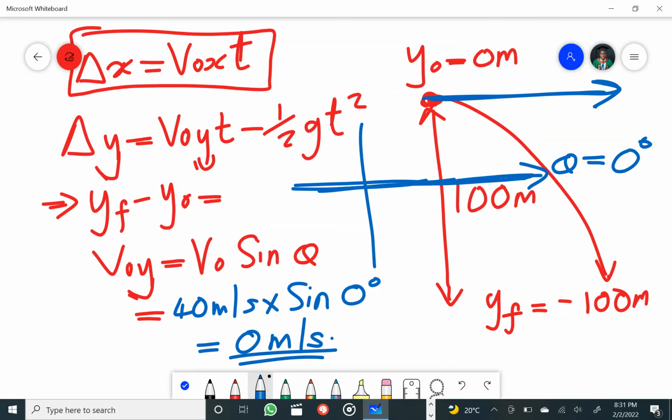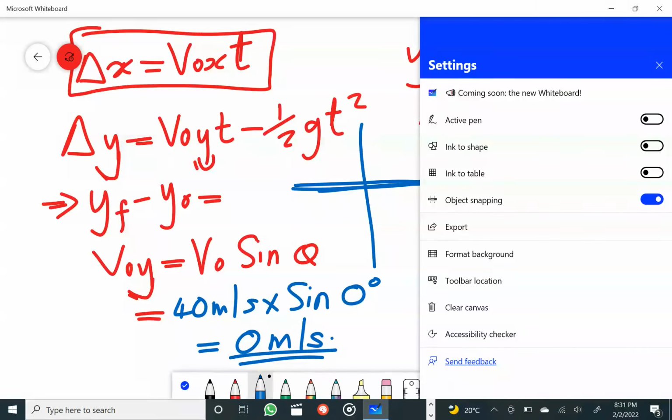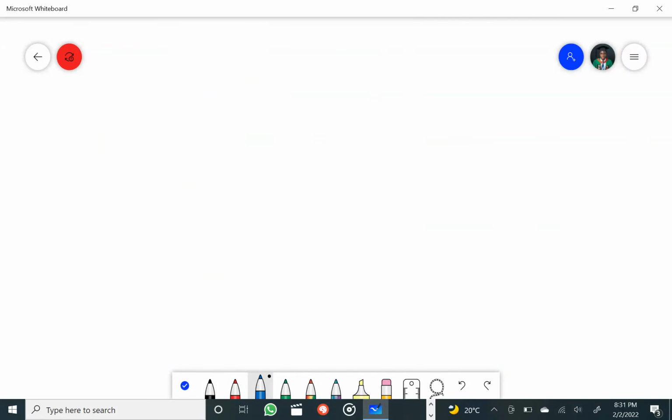Even just from thinking about it logically, the fact that the plane was moving horizontally doesn't really give it a lot of maneuvering space to have vertical displacement. But we've shown it mathematically. So now what do we have?